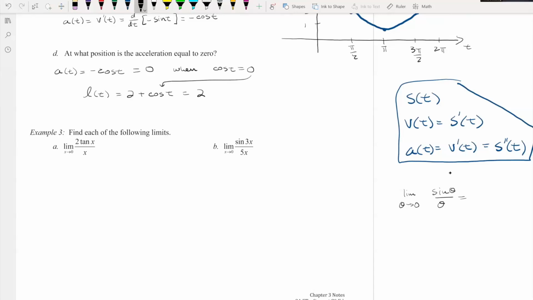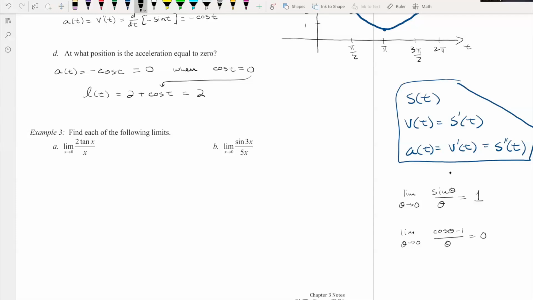We proved that one using the circle and the triangles and the sector. And then the other one that we saw was that the limit as theta goes to 0 of cosine theta minus 1 over theta is equal to 0. And so we're going to try to find these limits in these problems.